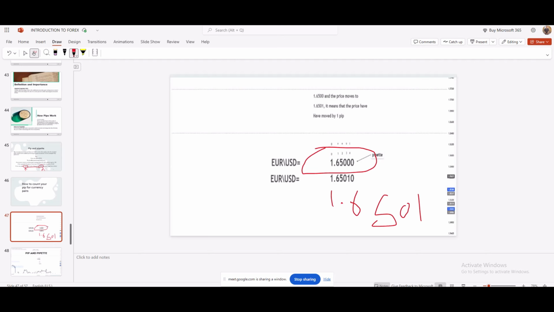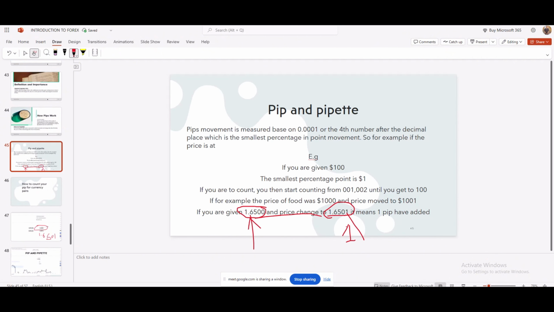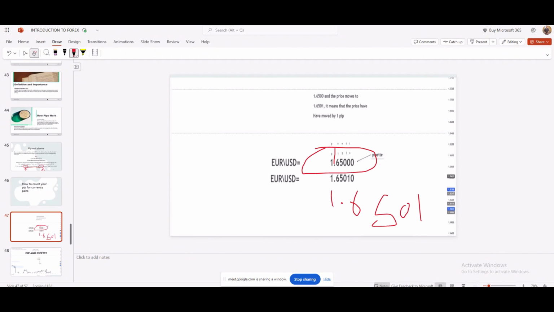Now, you know why I didn't say that this price increased by 10, and I said this price increased just by 1? It is because in currencies, from the first decimal place, these dots here, we start counting. Now remember our definition here. We say that a pip is measured based on 0.0001, or the fourth number after the decimal places. This is our decimal point here.